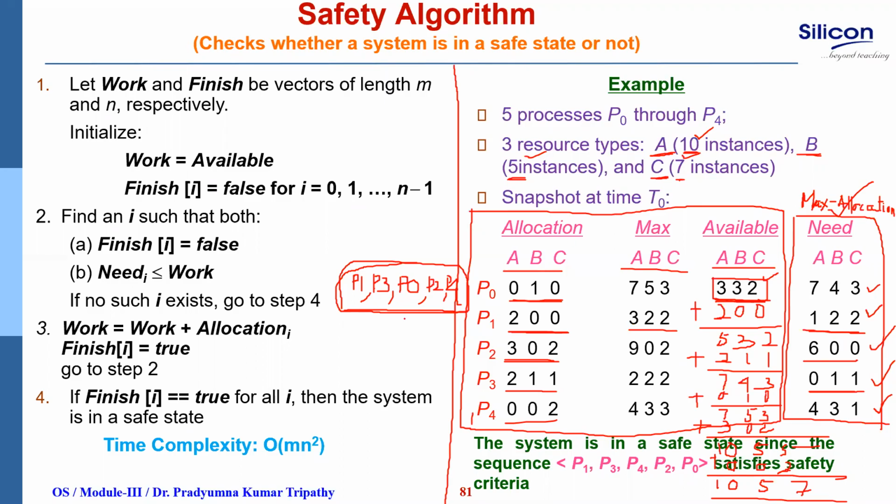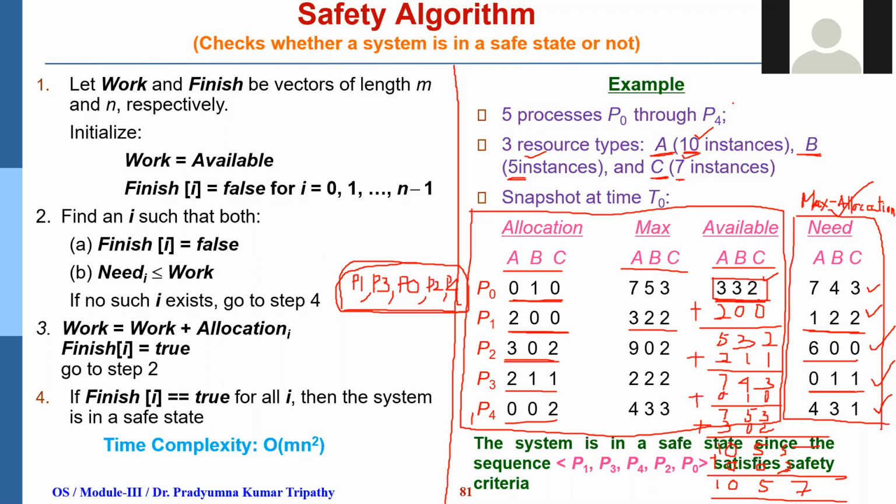So we got two things over here. First, whether it is in safe state or not. Second, we are finding the safe sequence. And one thing you remember, if any one of the processes cannot be satisfied, then it is not in safe state.